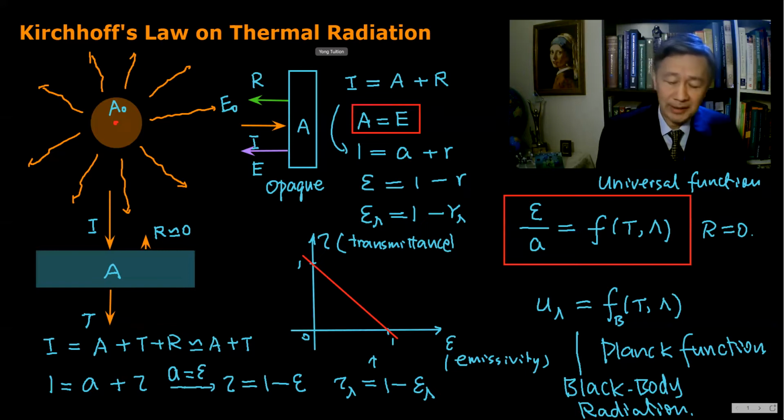But bear in mind, since Kirchhoff, the black body is an ideal model in physics. A black body refers to an ideal material whose absorbed energy can be 100% re-emitted.